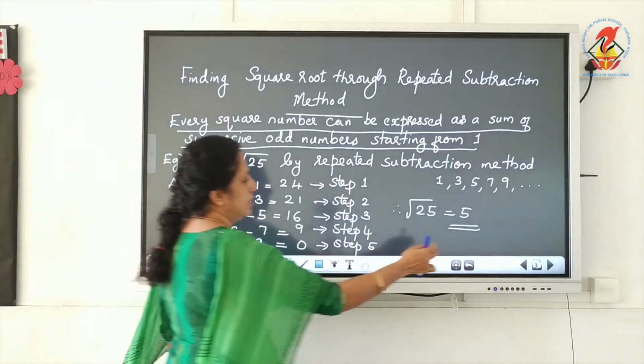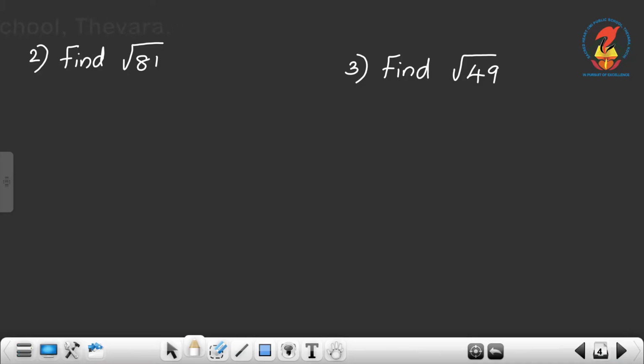Now, we will consider the next example. Find the square root of 81 using the repeated subtraction method. We have to subtract the odd numbers 1, 3, 5, 7, 9 from the given number. First, 81 minus 1 is 80. Then 80 minus the next odd number 3 equals 77.